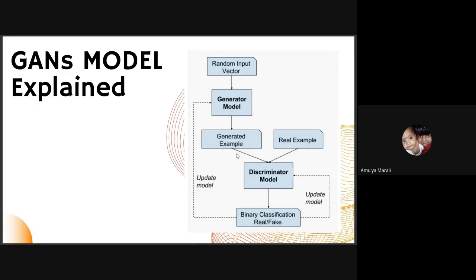Let's train our model with multiple images of flowers so that it can recognize any flower image as a flower. Also make sure that it recognizes non-flower images as not a flower. So now the discriminator model is ready.